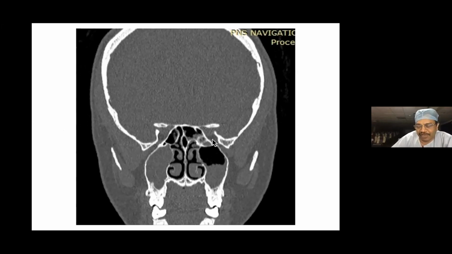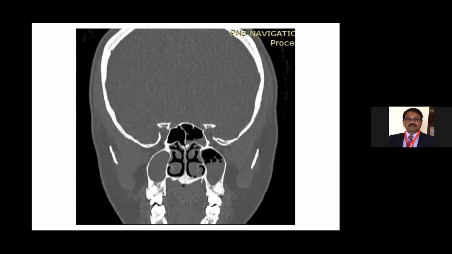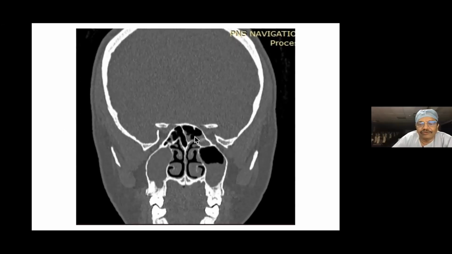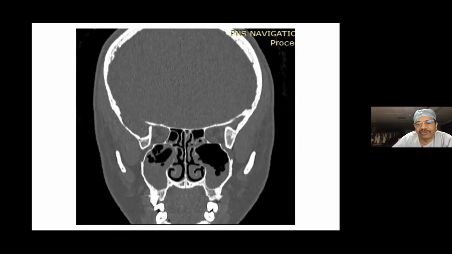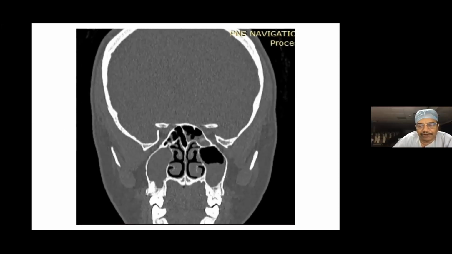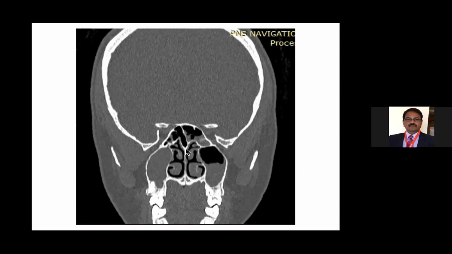When is the sphenoid sinus starting? So this is the sphenoid sinus. This is not posterior ethmoid. In the posterior ethmoid, the septum goes to the skull base. When it comes to the sphenoid sinus, the septum goes and attaches superiorly to the rostrum of the sphenoid.